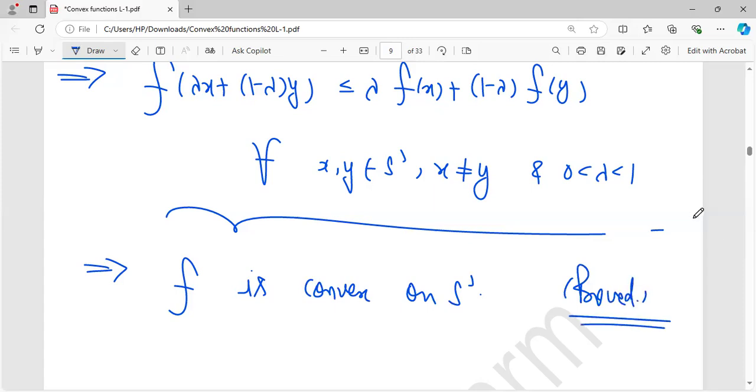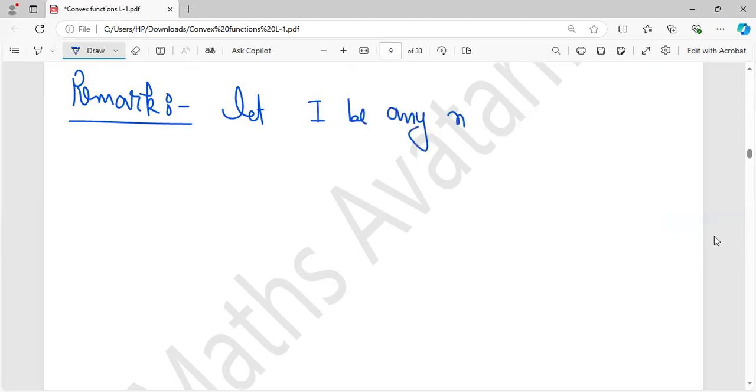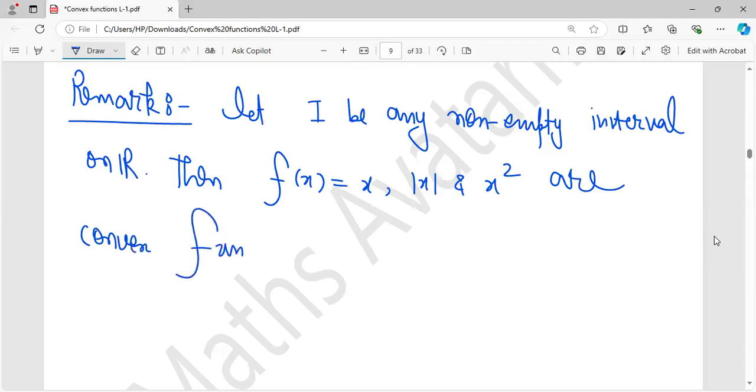Now remark. Take any interval, let I be any non-empty interval on R. Then f(x) = mod x and x square are convex functions on I. Okay.